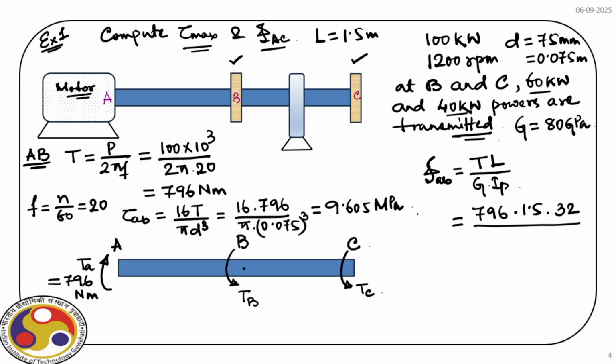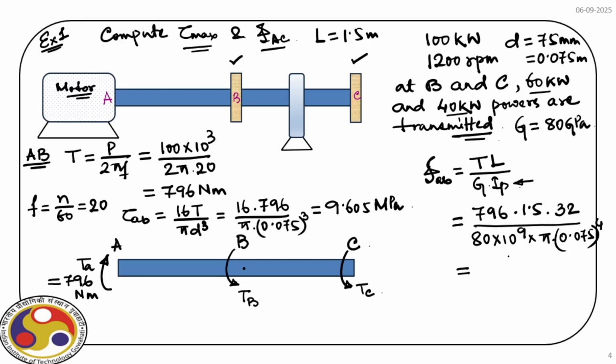If you recall, IP is equal to pi d to the power 4 divided by 32. So in the denominator we have G times IP. So G is 80 into 10 to the power 9 times pi, then d to the power 4, 0.075 to the power 4.